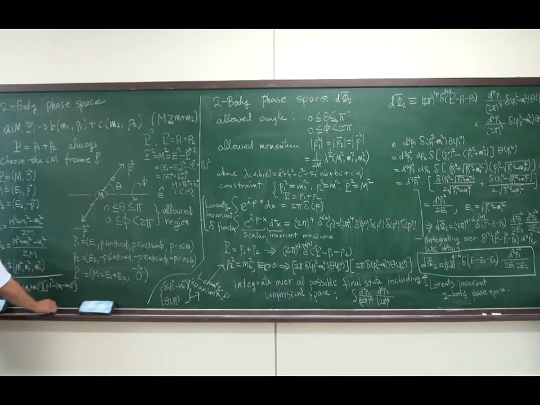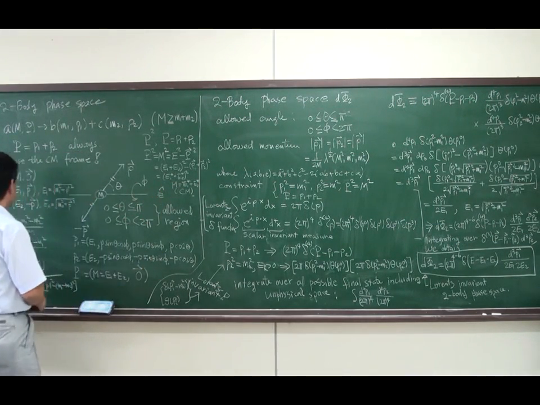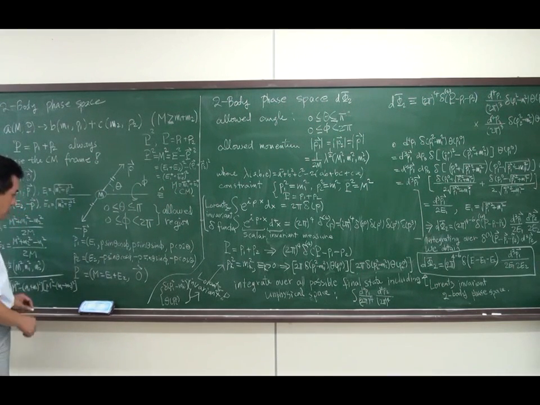E1 is the square root of m1 squared plus P squared, and E2 equals the square root of m2 squared plus P squared. In the previous class, I used the star, but from now on we will use the CM frame frequently, so I just remove the star.